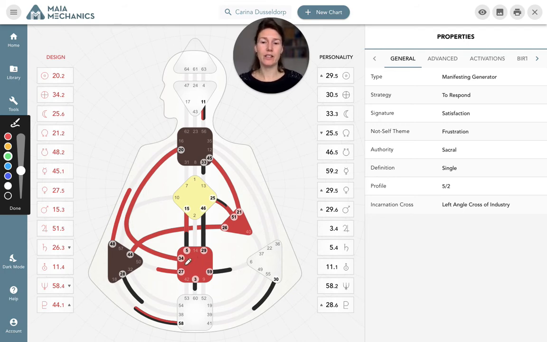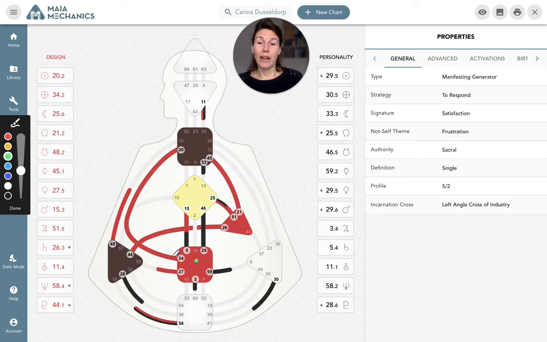And because it's defined in my specific way, that is what makes me the generator. And specifically, the manifesting part is because I have this motor. The sacral center is a motor center. It generates energy. It creates energy.